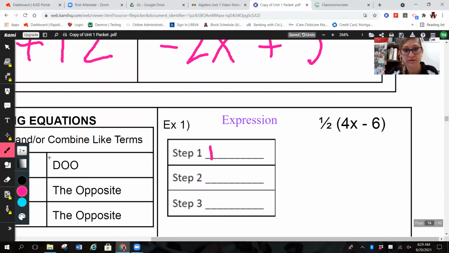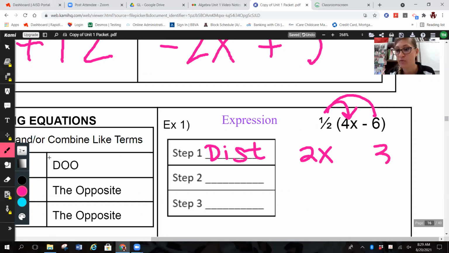First thing we're going to do is distribute. So half times 4, half of 4 is 2. And half times negative 6, or I could say it as, what's half of 6? 3, and then it's negative.